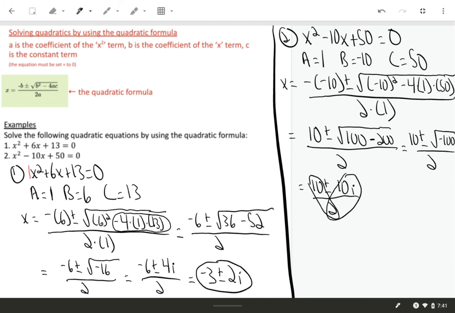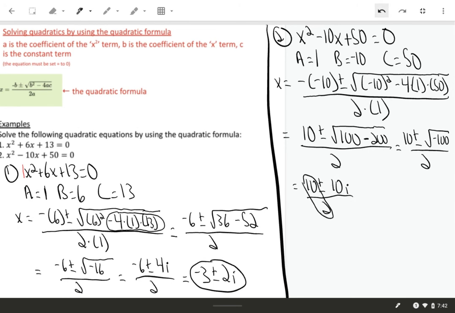So I have my complex numbers. So 10 divided by 2 is going to be 5. And then 10i divided by 2 is going to be 5i. So my final answers are 5 plus and minus 5i. All right, two solutions, 5 plus 5i and 5 minus 5i.